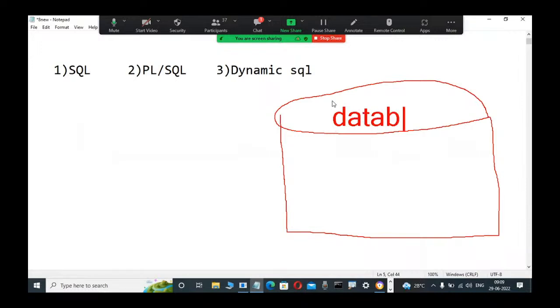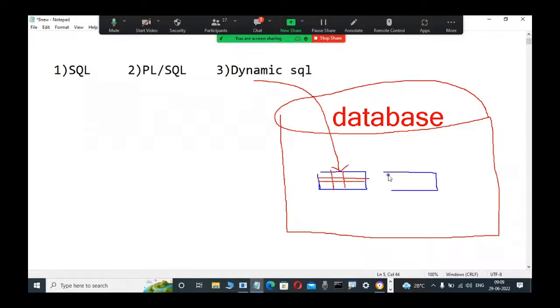So what is the definition of a database? It is a place, some place in a computer system, where we can store a structured collection of data. In the previous classes I told you, Oracle and SQL Server, these types of databases store a structured collection of data.